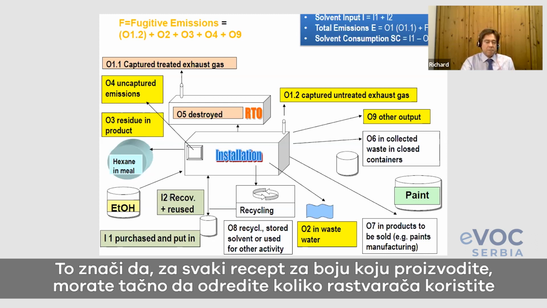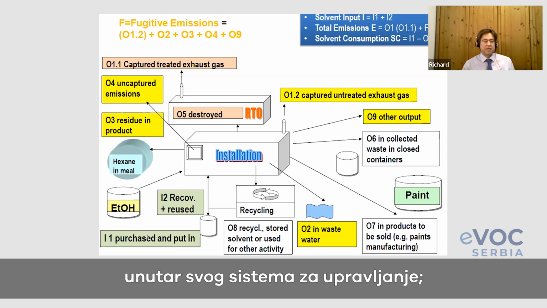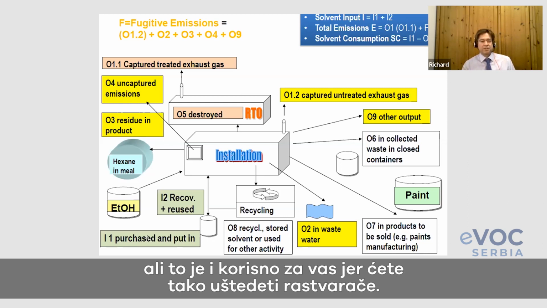That means for each recipe of paint that you are producing, you must establish an exact determination of how much solvent you are using for each of the recipes. So it is something like in your management system. But it's worthwhile because it will help you save solvents.